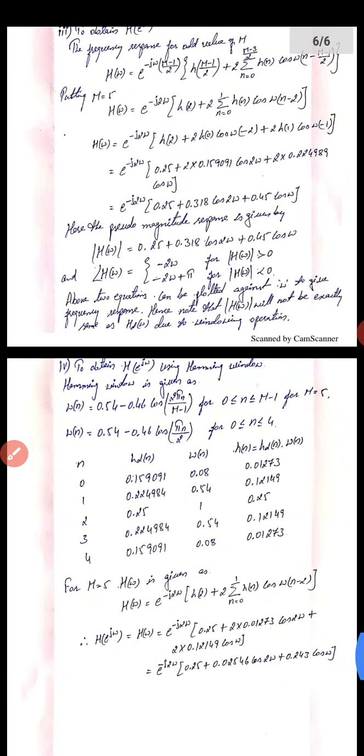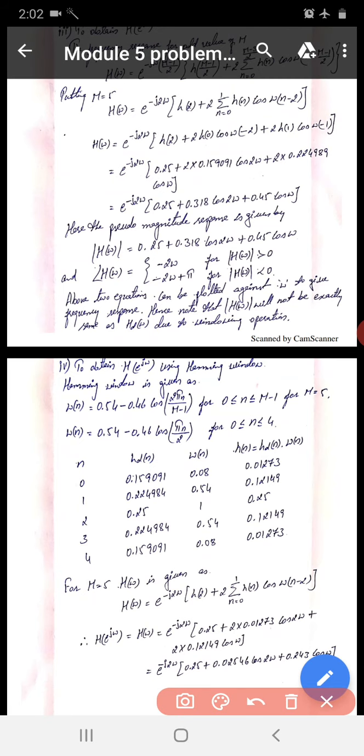Then HD of n, we know what is omega of n. Okay, omega of n is taken from this. HD of n values are already calculated, we have to multiply both so that I can get my h of n values. That is h of n is equal to HD of n into omega of n.